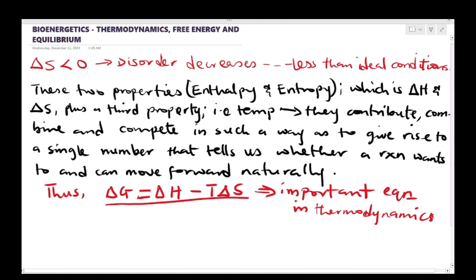So that number is the Gibbs free energy. Delta G here is the Gibbs free energy.